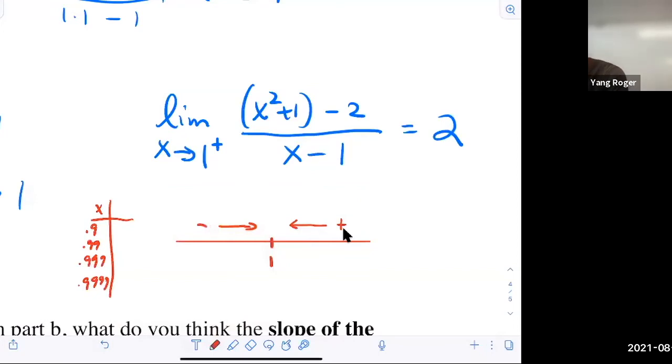If you're coming from the right, you're going to be plugging in 1.1, 1.01, 1.001, 1.0001, like that. So you really need to stay close to the number 1. You're not going closer to 0 or going closer to -1. It's really located at that value of 1. Does that idea make sense to you?